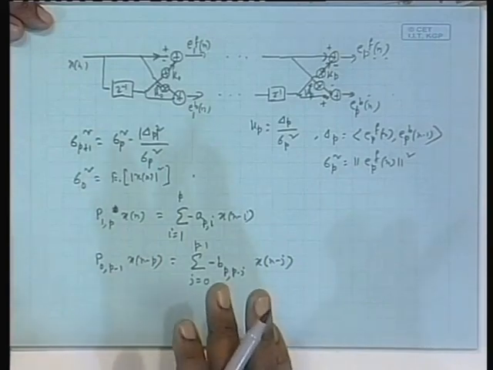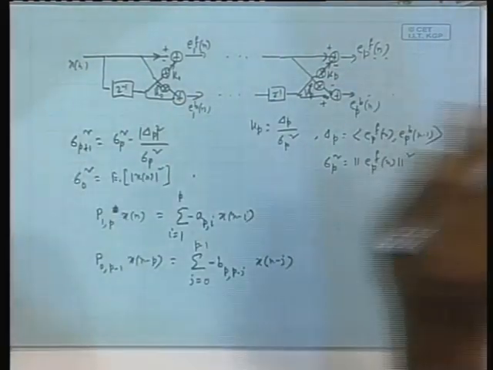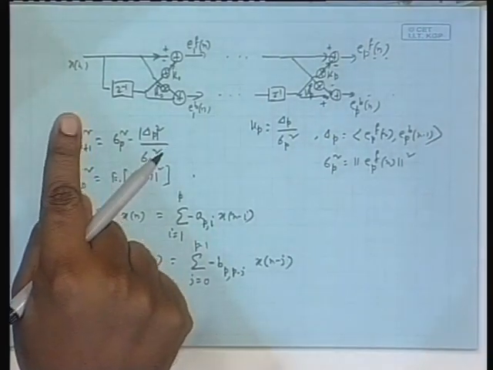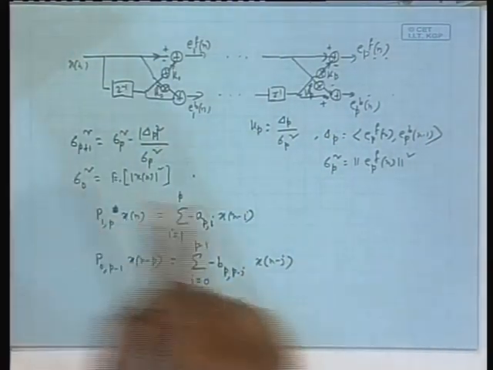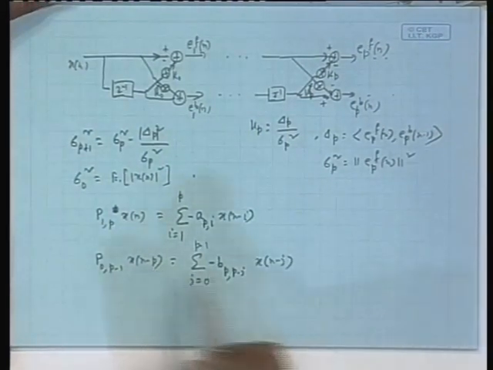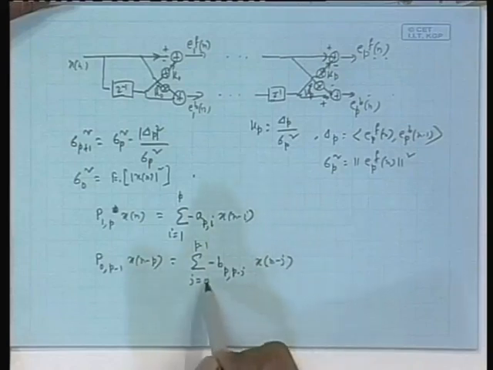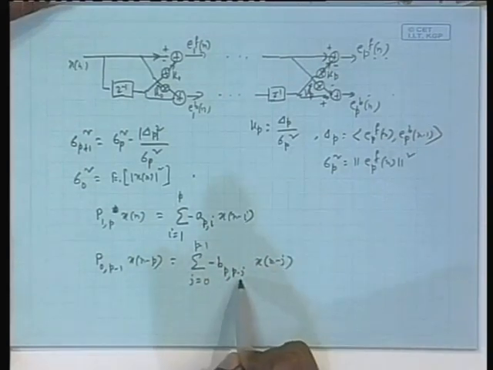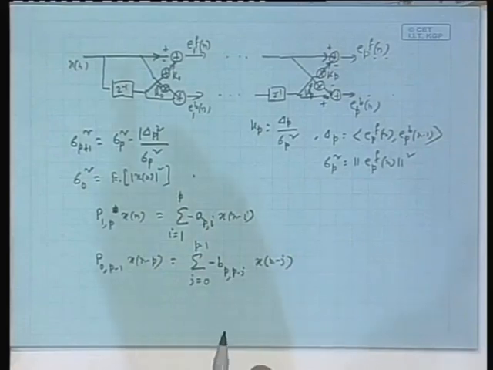You understood the philosophy? x n projected on the space spanned by x n minus 1, n minus 2, up to n minus p: the nearest one n minus 1, put the index 1 for that, next one put the index 2 for that. Similarly, n minus p. So, when it is n minus p plus 1, that is when j equal to p minus 1 here, that time I want 1 to be here. When it is p minus 2, that time I want 2 to be here. It is just a notation, let us say p minus j.